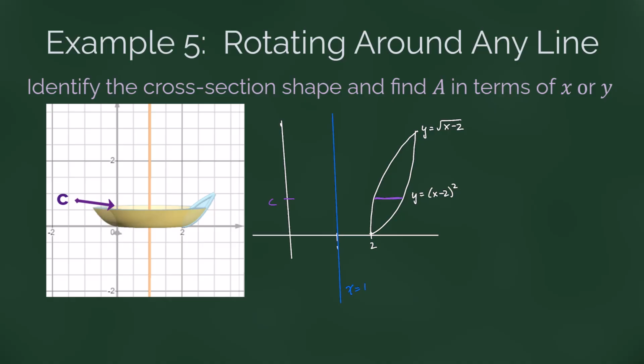And now we're going to look at the radius for c. So we see that, because it's a washer, we have an outer radius for our c value, and we also have an inner radius. This time, both the two functions we started with and the axis are going to help us determine what the outer radius and inner radius formulas are.